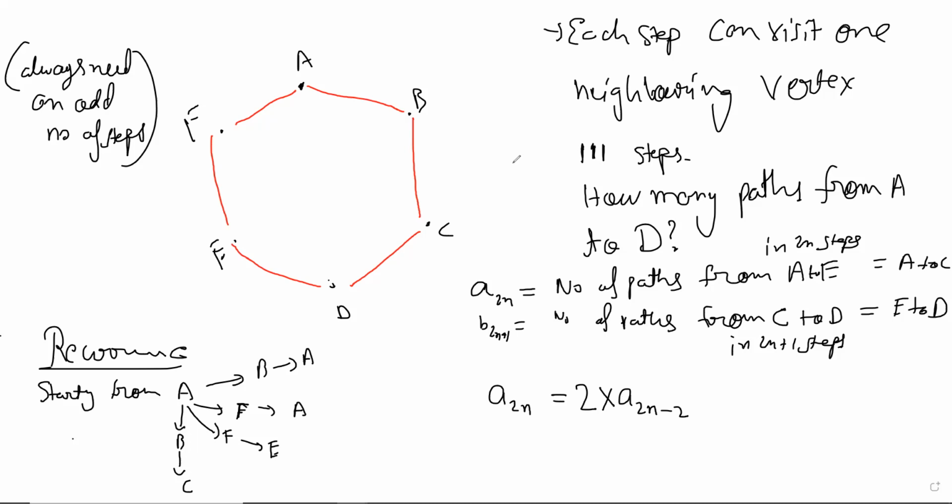Maybe it's correct, actually. If you want to go from A to C in 2n steps, then you will ask: in 2n minus 2 steps, where was I?